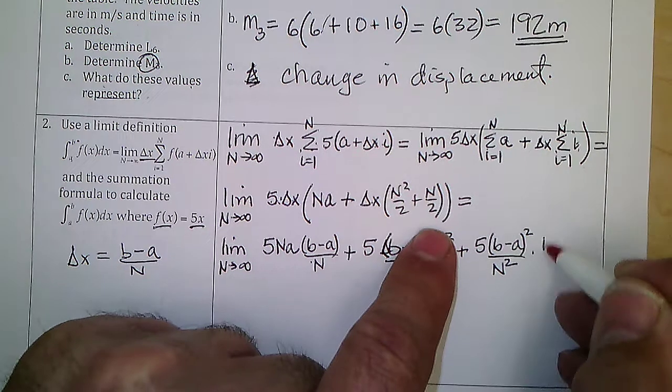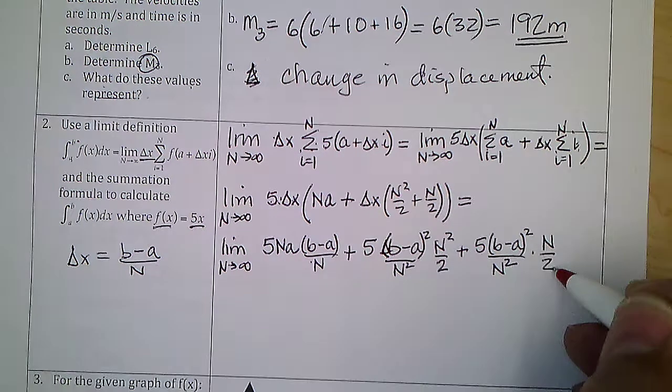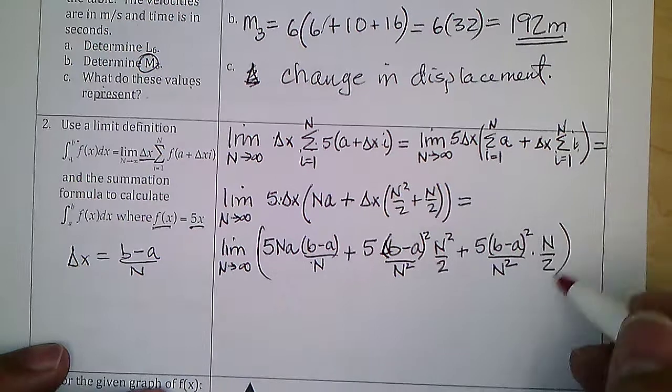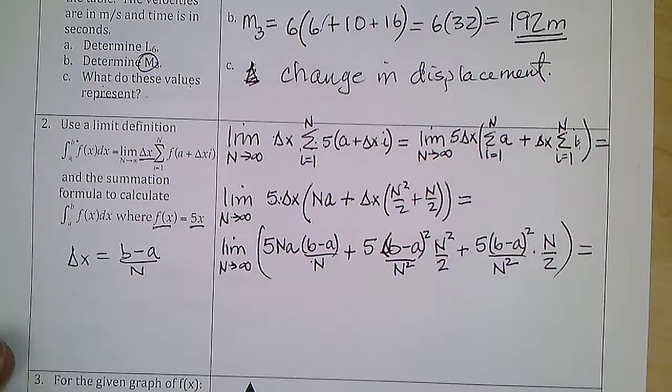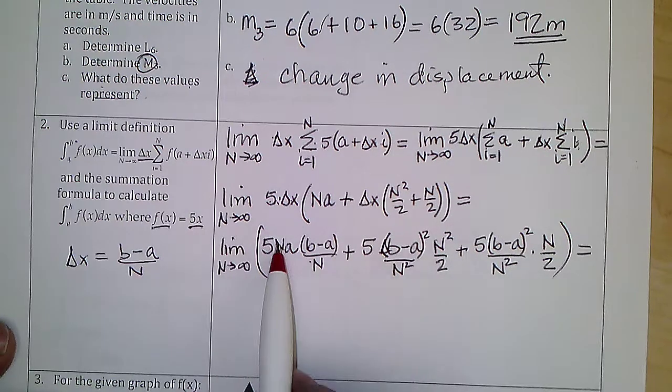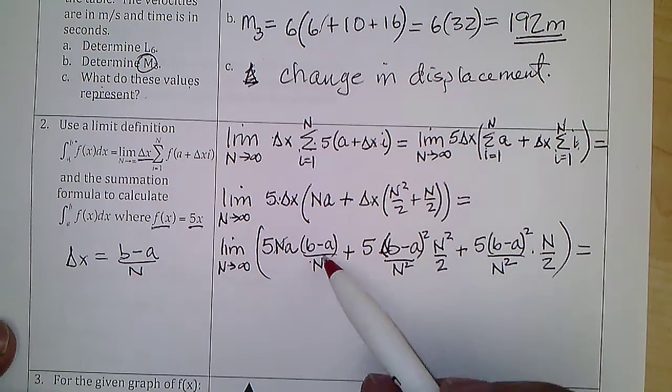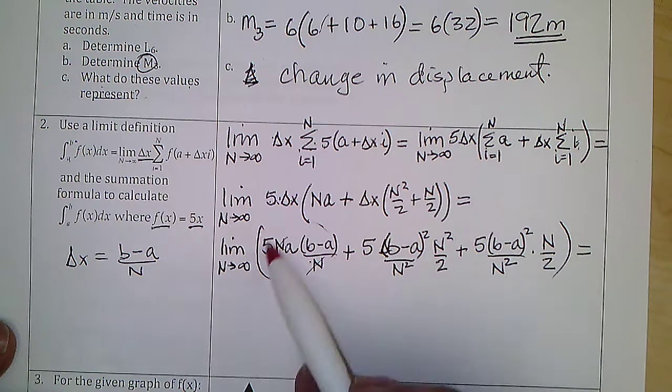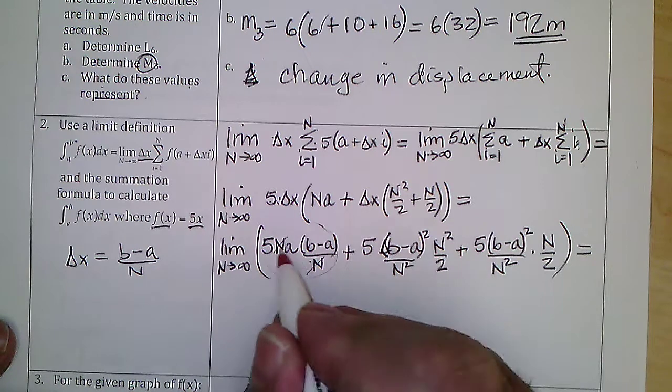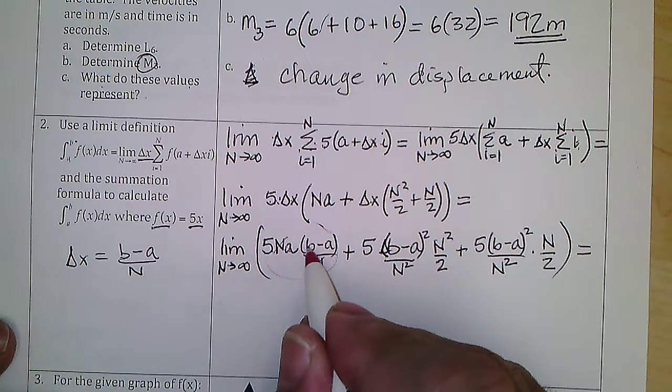Times the n over 2. Okay, so as these n's cancel, there's no n's in here, and if I let n go to infinity, it doesn't change this, so I get 5a times this.